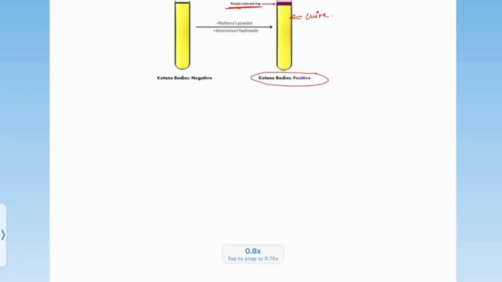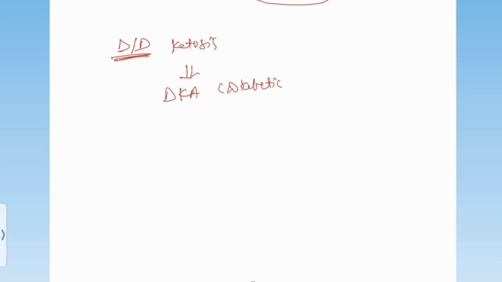There is one differential diagnosis of ketosis, and that is diabetic ketoacidosis. In order to differentiate it from ketosis, we have one test, that is the Benedict test, which is positive due to the presence of glucose.